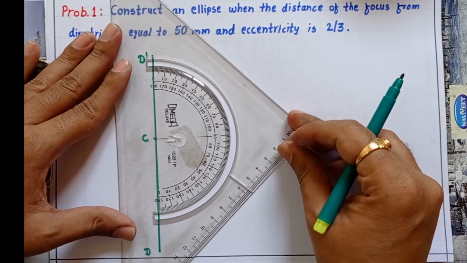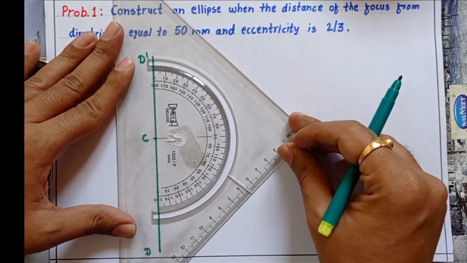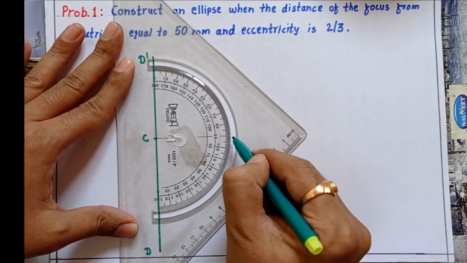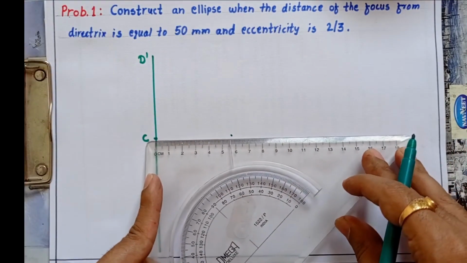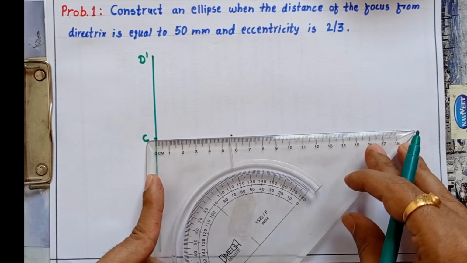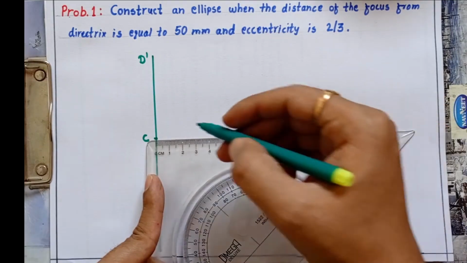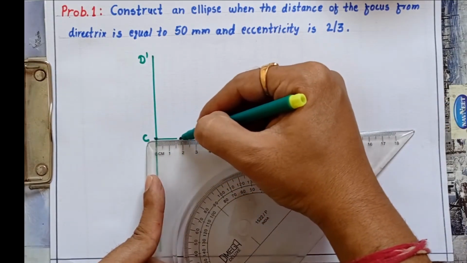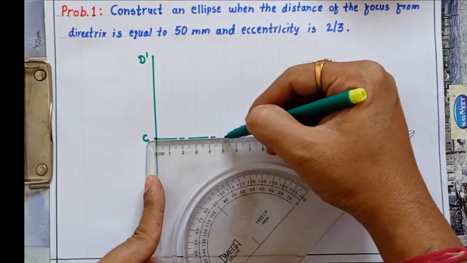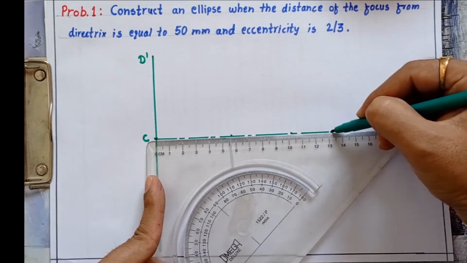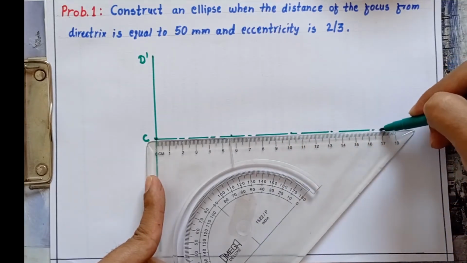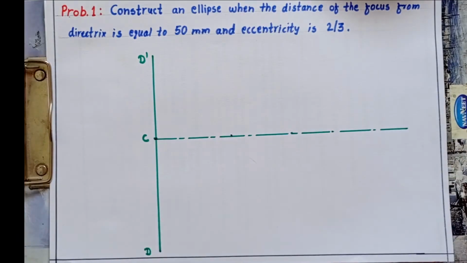From point C, we first mark the angle of 90 degrees and draw one line, which is the center line. Fine. Now this is the line which is perpendicular to the directrix.